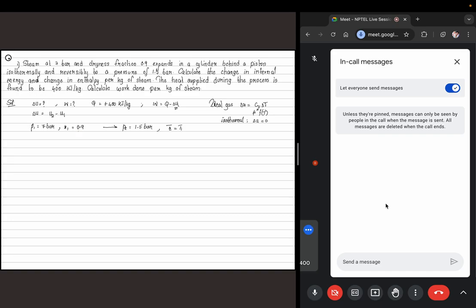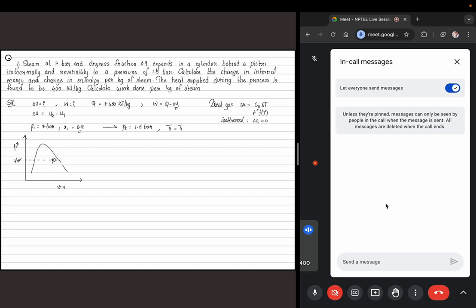Since it has a dryness fraction of 0.9, if you consider the vapor dome, so if you consider a PV plot, you are somewhere at a pressure of 7 bar, and your vapor fraction is 0.9, so you're close to your vapor dome. This is your initial state.